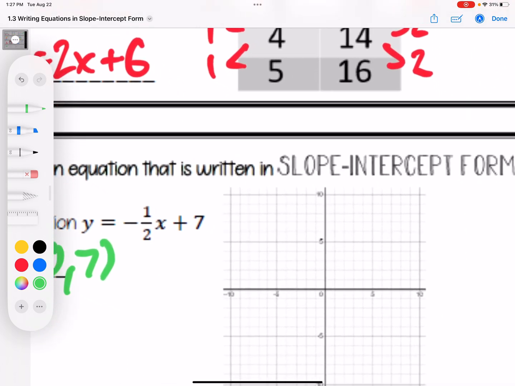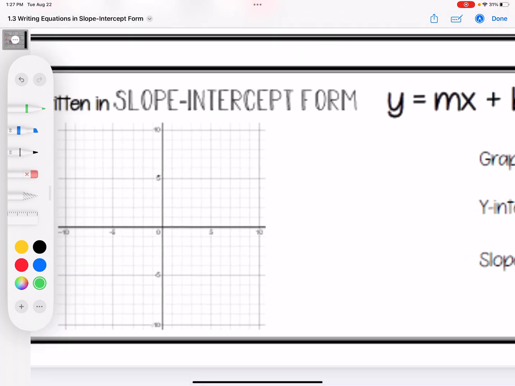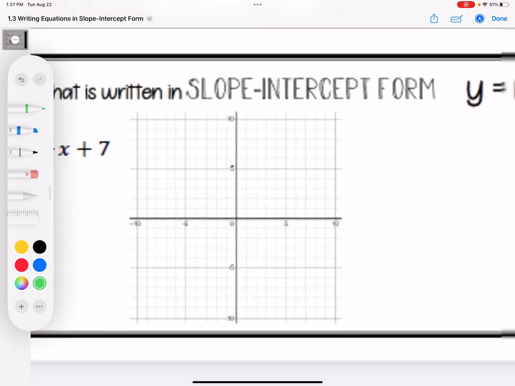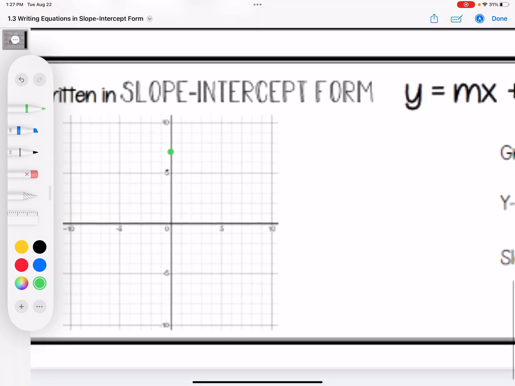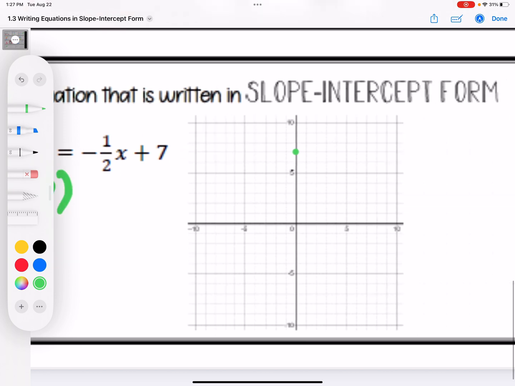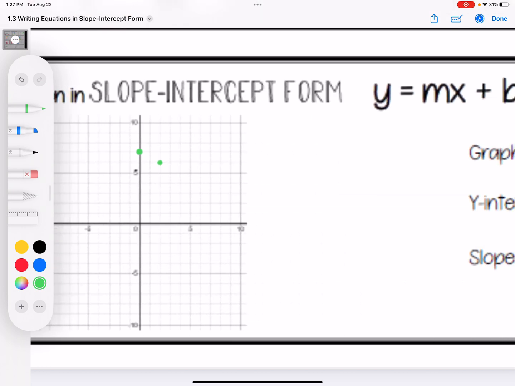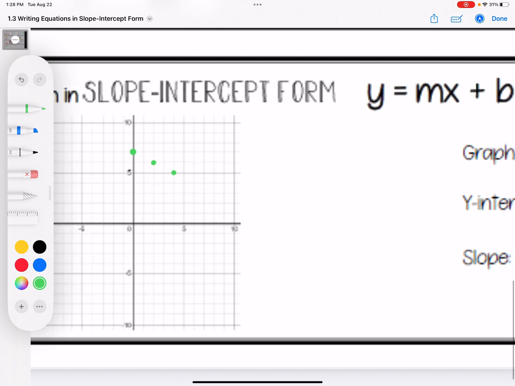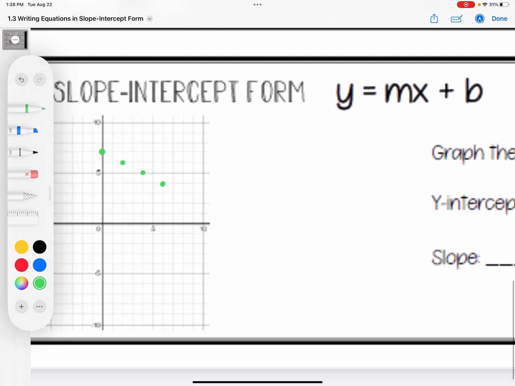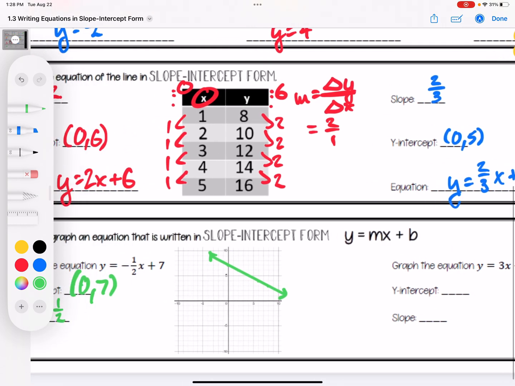So what I want to do is, on my graph, I'm going to go to 0, 7 first, and put a dot, and now my slope is negative 1/2, so I'm going to go down 1 over 2, so right there, down 1 over 2. And I can do this forever and ever, down 1 over 2. And then I'm just going to do my very best to connect those points with a straight line. And there we go. That is the graph of y equals minus 1/2 x plus 7.